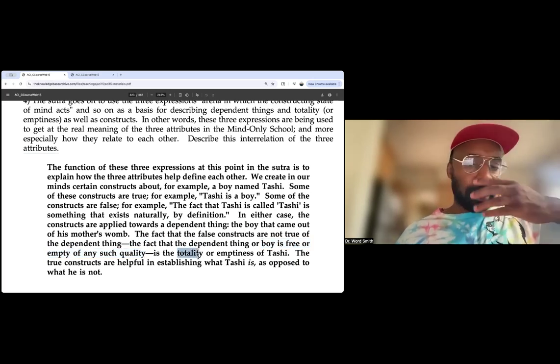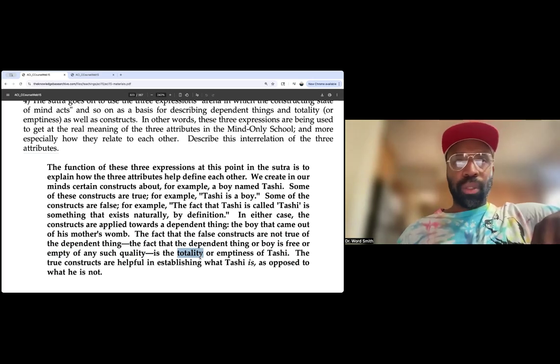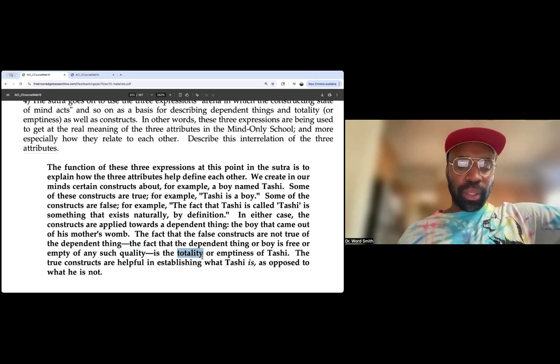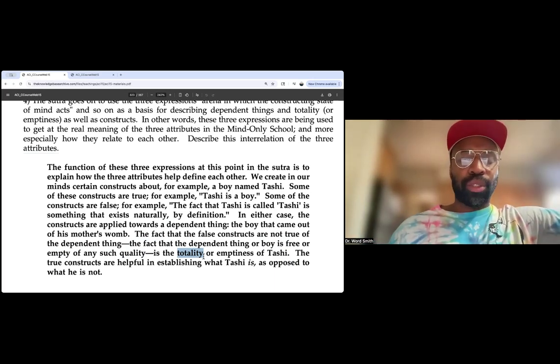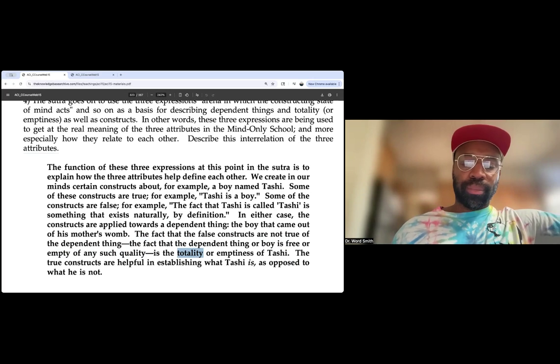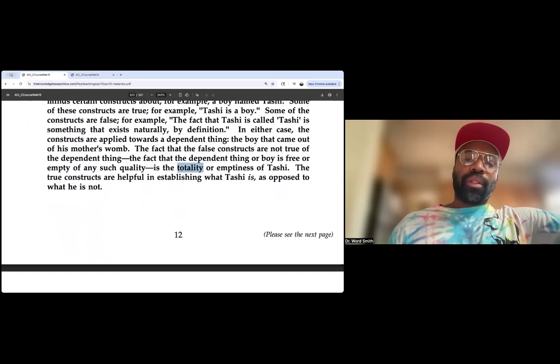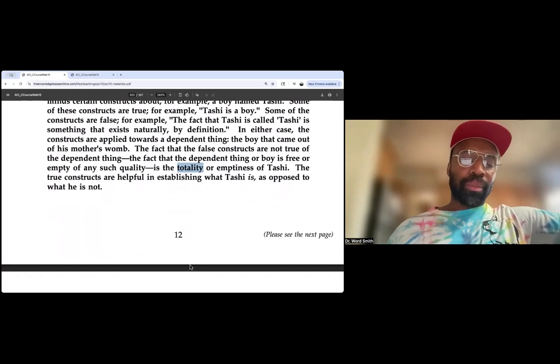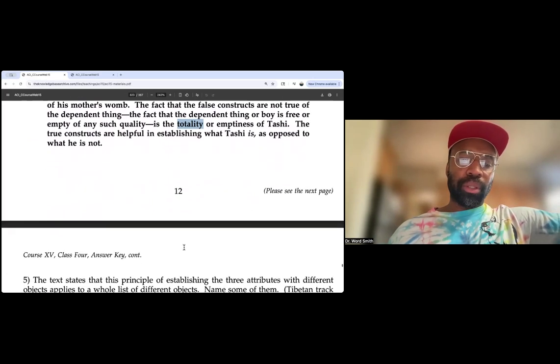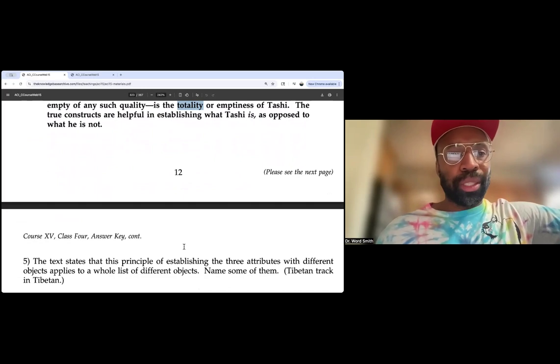So that's his totality, his lack of existing by definition of any constructs. So he's empty of those constructs. If you take away the constructs, you end up with what he really is, just a dependent thing from causes. And so that would be dependent origination.